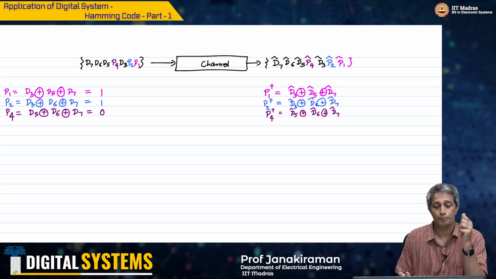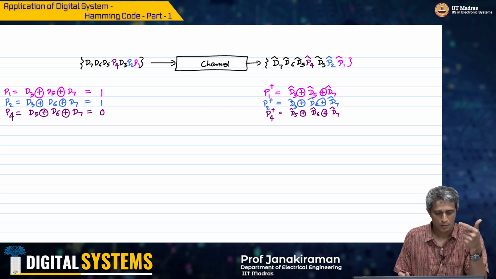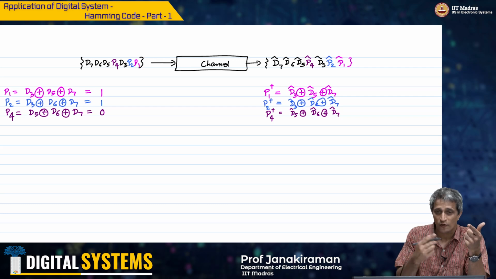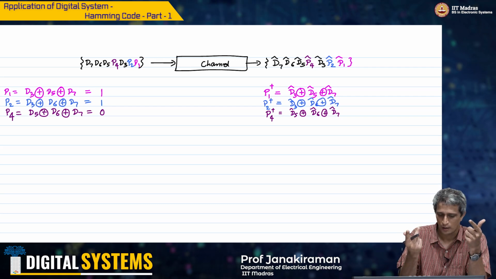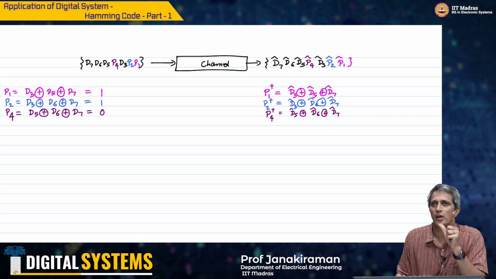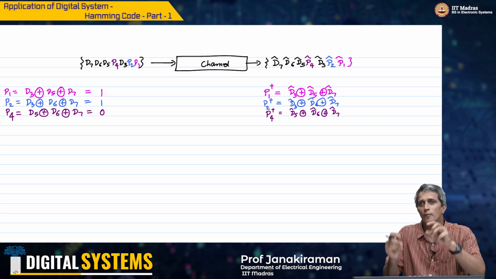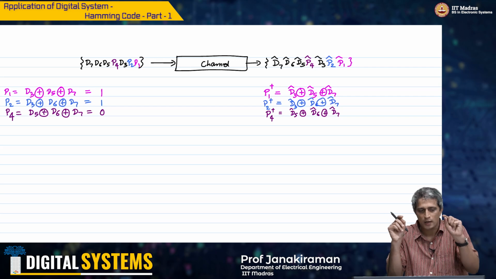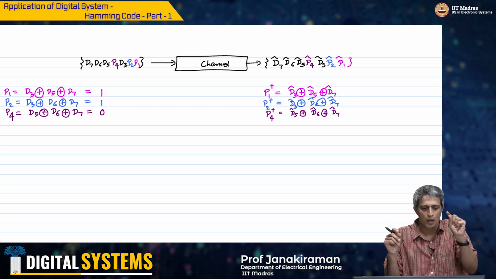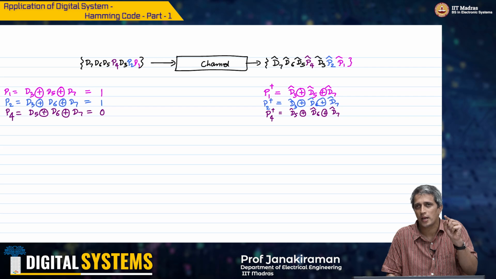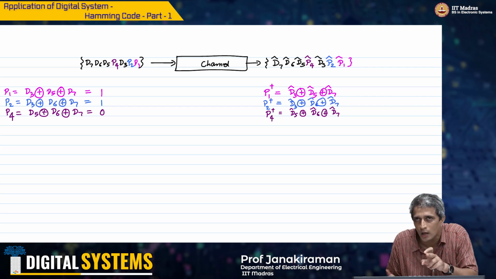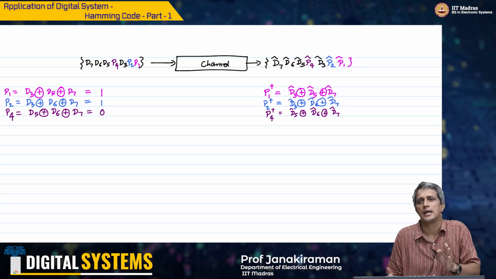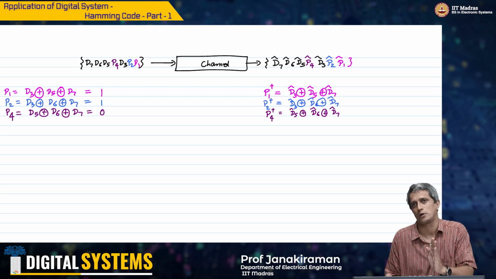So P1 is wrong, P4 is wrong because D5 has now been inverted, but P2 will remain unaltered. So this unique combination is going to tell you that if P1 is in error, P2 is not in error and P4 is in error, then D5 happens to be the one that is at fault.